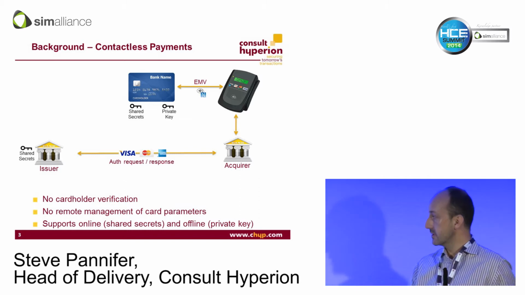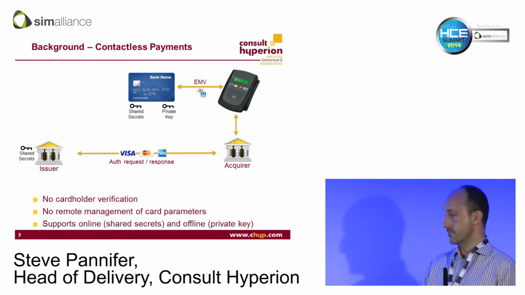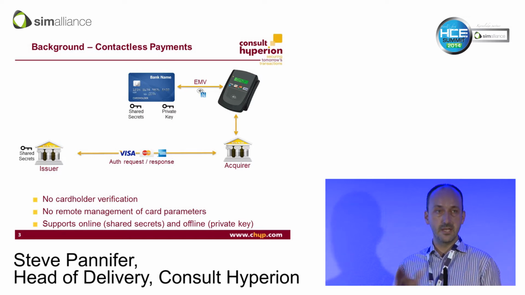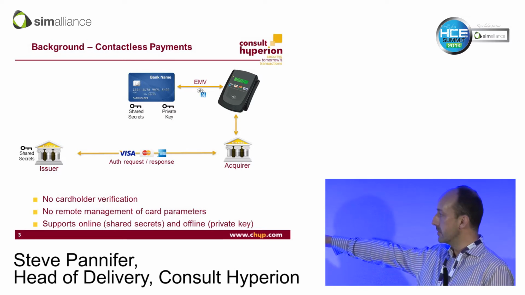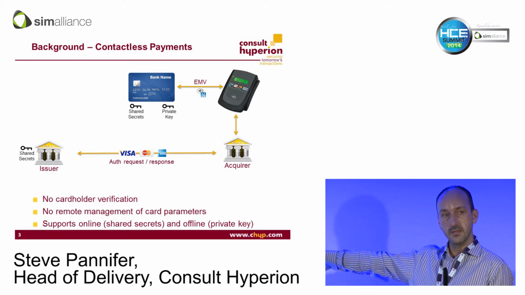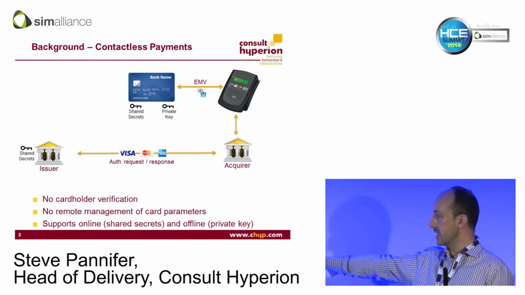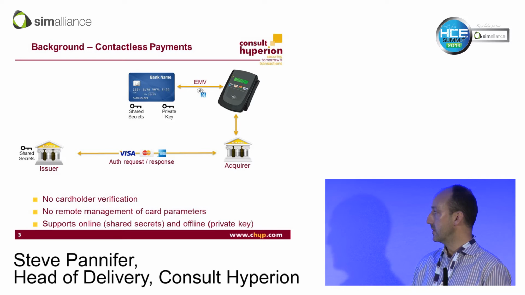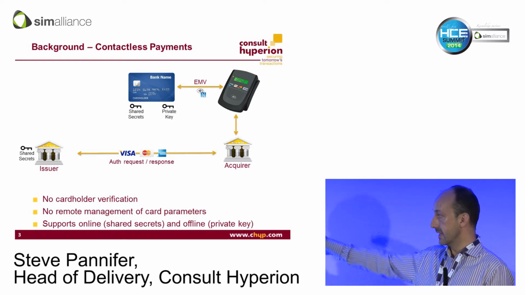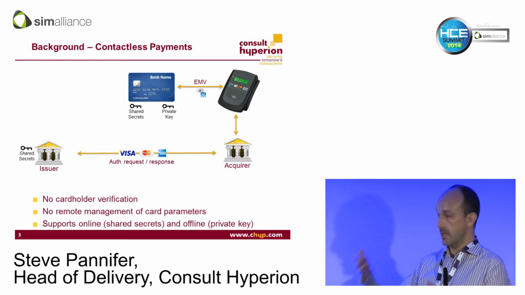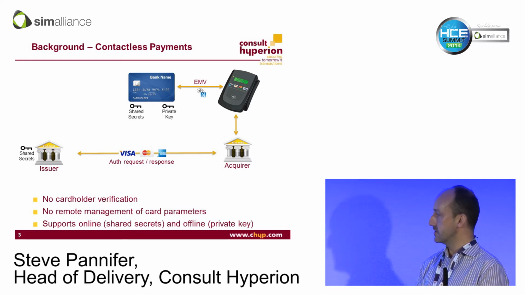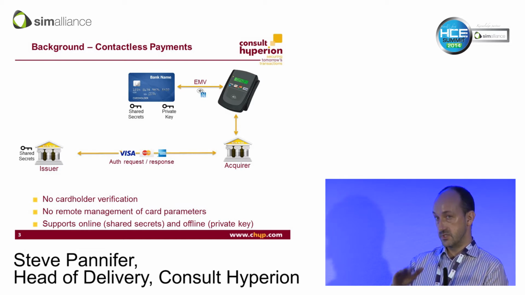The other key that sits on the card is a private key. By that I mean it's an asymmetric key, and the terminal actually has a public key associated with the card scheme, so it will have a MasterCard or a Visa or an American Express key in there, and the card will sign a challenge for the terminal. With it is a certificate, and the terminal can check the certificate's valid and the signed challenge is valid, and determine that the card is indeed genuine.